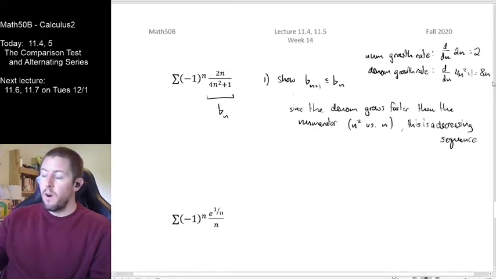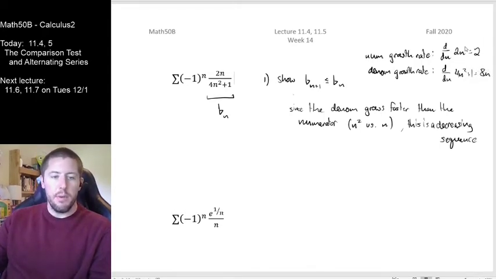Right? So for all n greater than or equal to 1, the denominator's growth rate is guaranteed larger than the numerator's growth rate, and so we are going to continue to see this fraction get smaller and smaller and smaller out there. Okay? So I know it's decreasing.